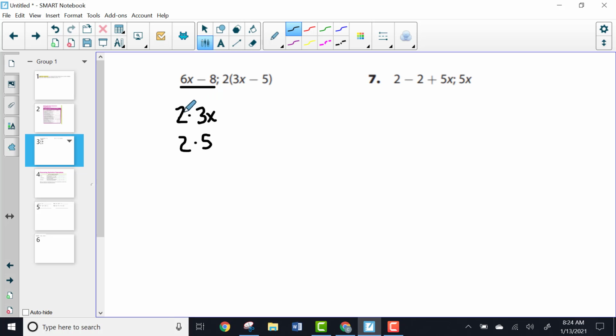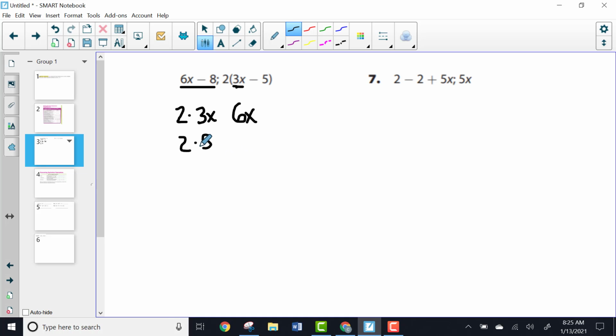Whenever you're multiplying 2 times a number with a variable, the coefficient here, and I'll get to that definition in a little bit, the variable comes along for the ride. It doesn't disappear or anything like that. So 2 times 3x, all I do is multiply 2 times 3. Simple enough, right? That gives me 6x.